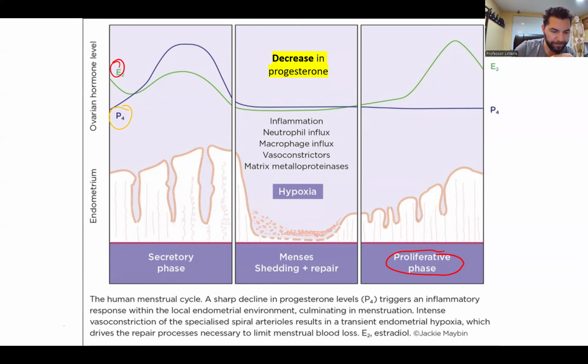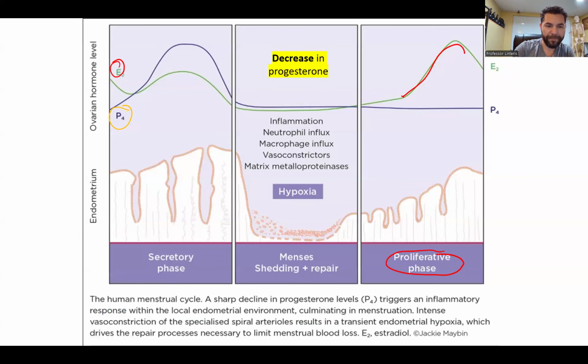So I'll do it in the same order we did before. During the proliferative phase, we see that estrogen is the highest. That promotes the initial growth of the functionalis. Progesterone's low.